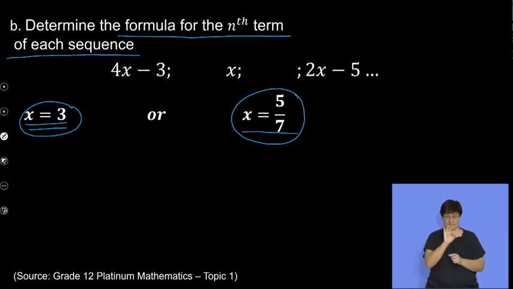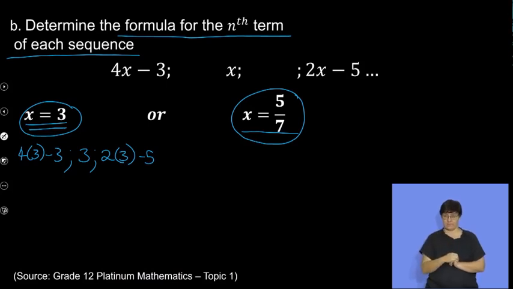So I'm going to have 4 times 3 minus 3 for term 1. I know that 3 will be the value of term 2, and 2 times 3 minus 5 will be the third term of the pattern. I'm going to do the exact same thing for when x is 5 over 7.